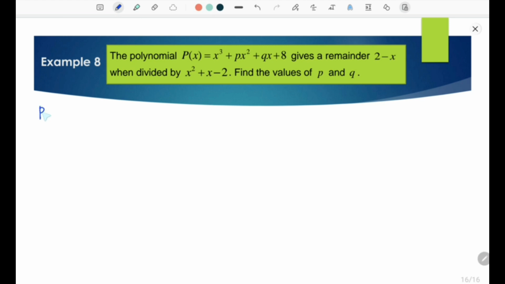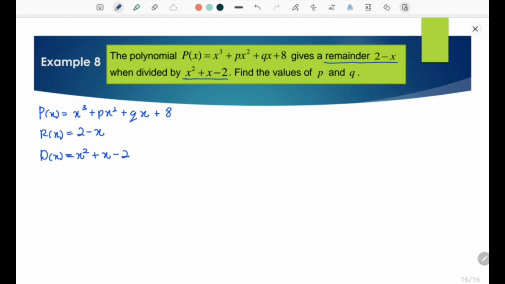We have the polynomial, which is p(x) equal to x cubed plus px squared plus qx plus 8. Next, we have the remainder, which is equal to 2 minus x, and the divisor is d(x) equal to x squared plus x minus 2.